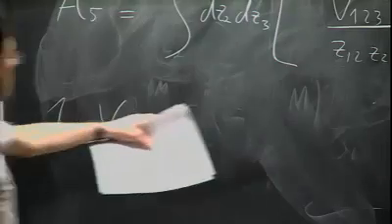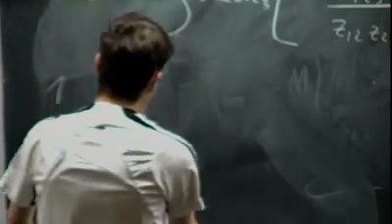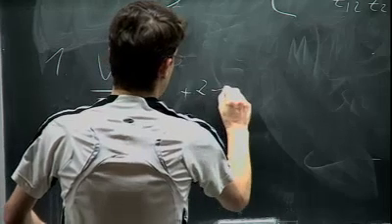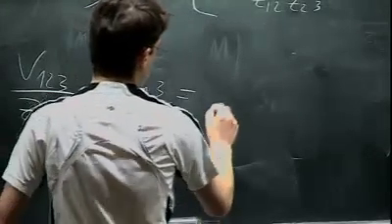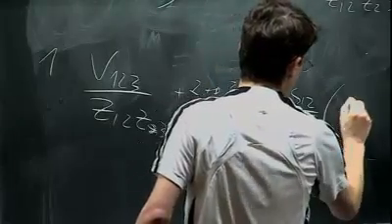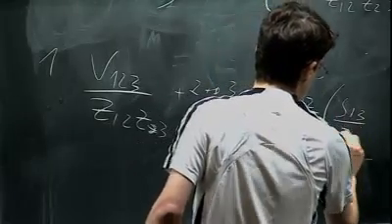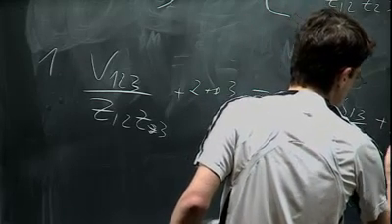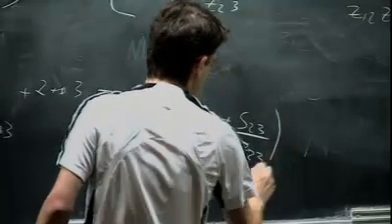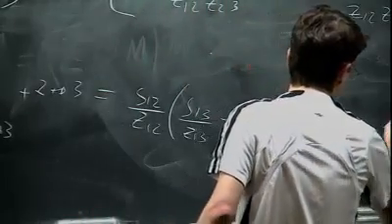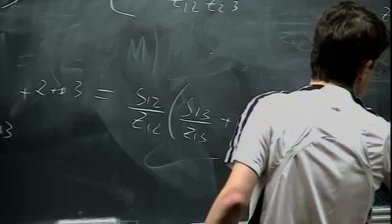But at higher points, it's not so trivial anymore, but it's true. Plus 2 and 3, that becomes S12 over Z12, S13 over Z13 plus S23 over Z23, M123 plus permutations.